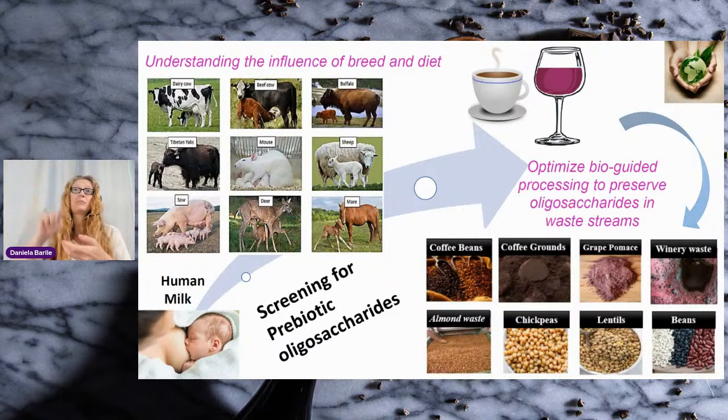The next step, which we're doing, is to optimize bio-guided processing to preserve the oligosaccharides and extract them from the waste streams, like coffee beans, coffee grounds, grape pomace, winery waste, and many other types of plants. And with this, I'll conclude, and I look forward to the discussion.